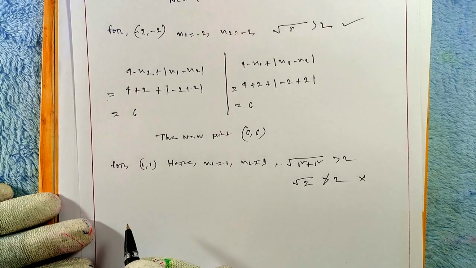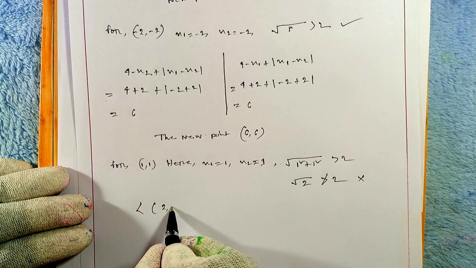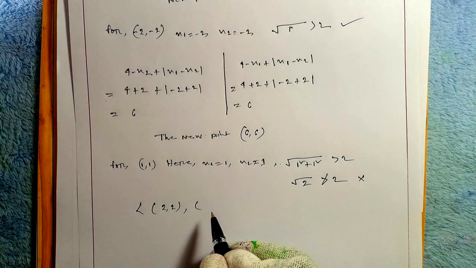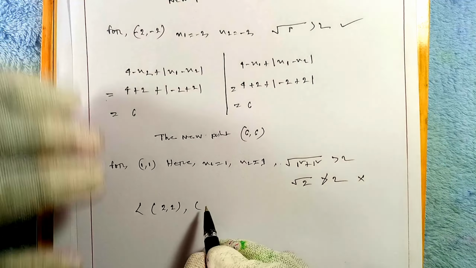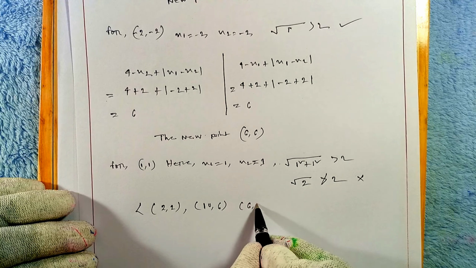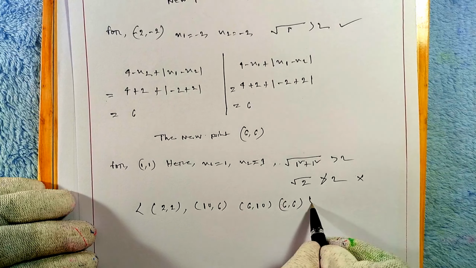So we got the final output. For positive it is 2 and 2, then 2 and 2, then 10 and 6, then 10 and 6, then 6 and 10, and then 6 and 6.